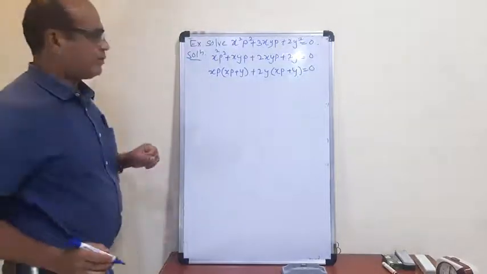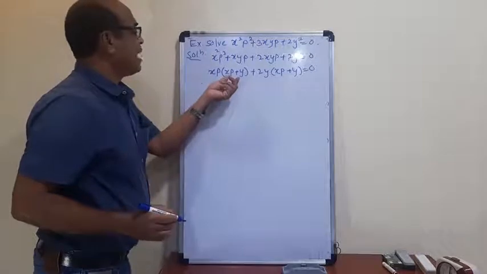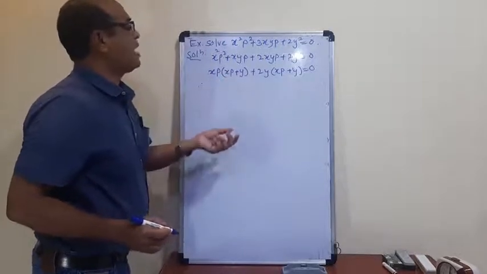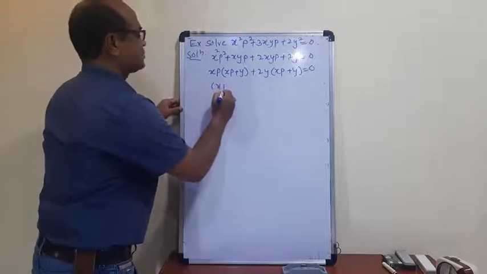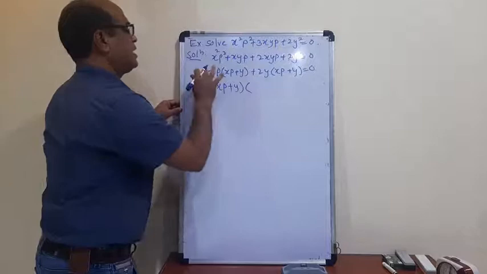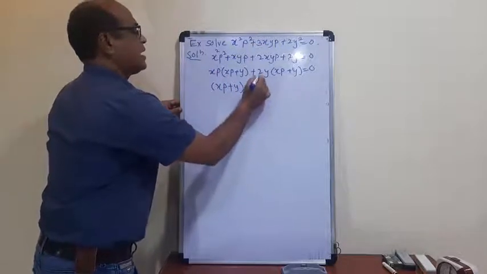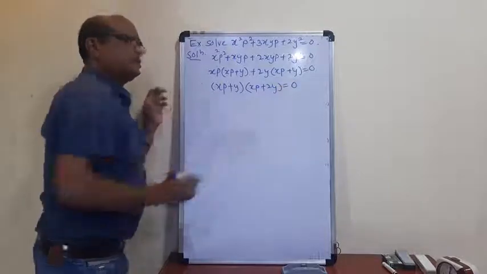So therefore we common out xp plus y from those two terms. We get xp plus y into bracket xp plus 2y is equal to 0.